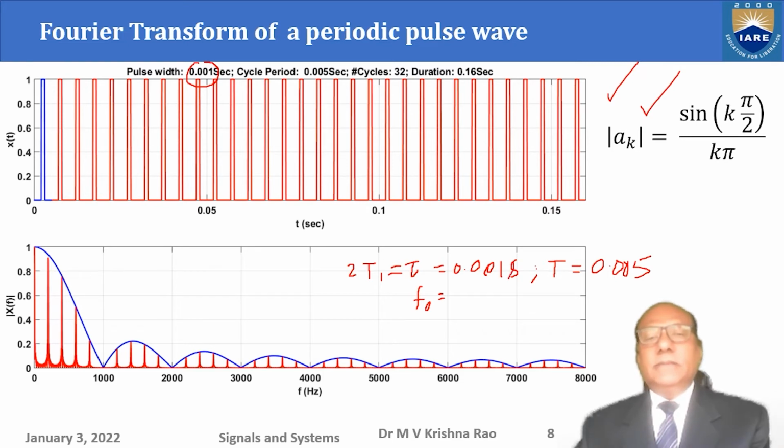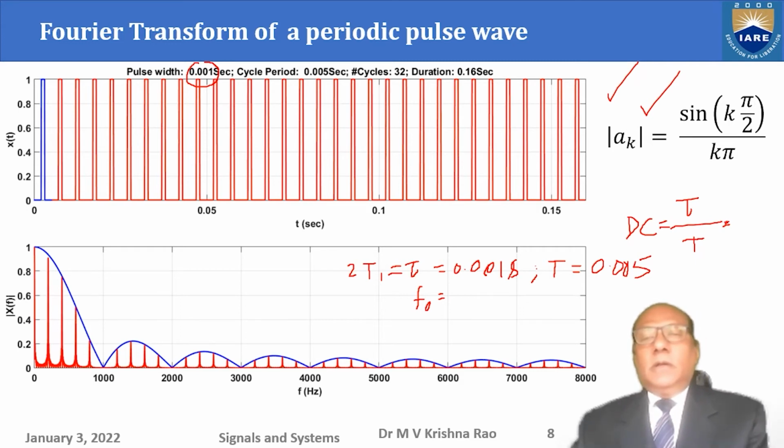Okay, so what is the duty cycle here? Duty cycle is tau by T, that is equal to 0.001 divided by 0.005.